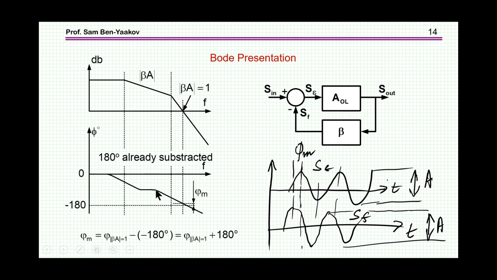If the phase here is 180 degrees plus this reversal of 180 degrees, this means that we come back to the same phase. And as we already said, obviously, if the crossing would be at 180 degrees, the amplitude is 1, this is an oscillator. So this is obvious.